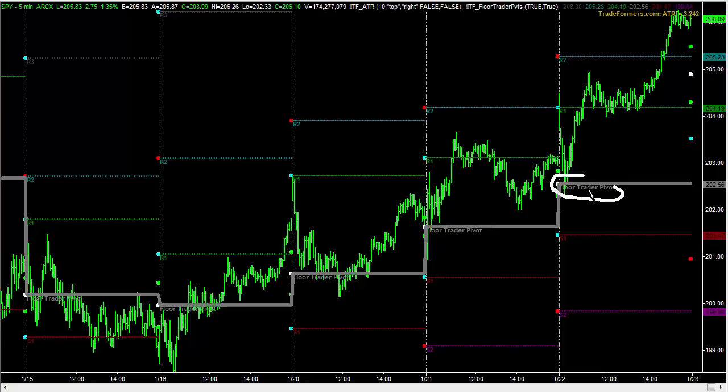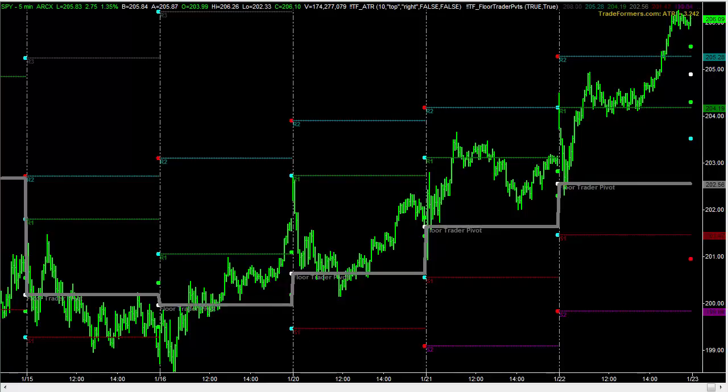Just about every platform displays the floor trader pivots. And those also have other levels such as R1, R2. Many of you have probably heard of these, S1. If you haven't, look them up. They're incredibly powerful in a lot of different ways. And I'm just going to show you one particular pattern.